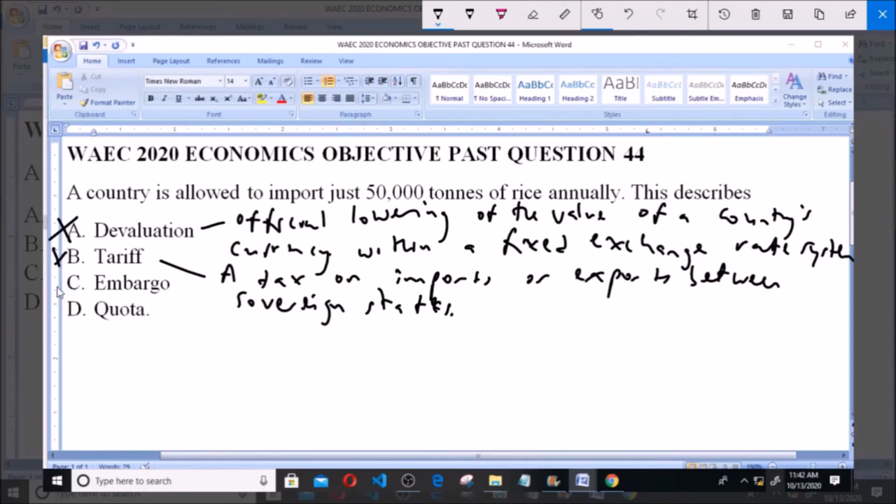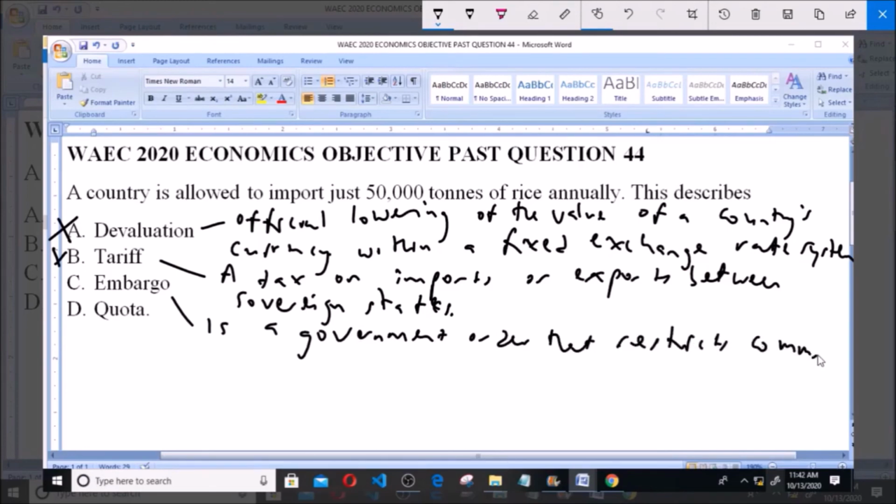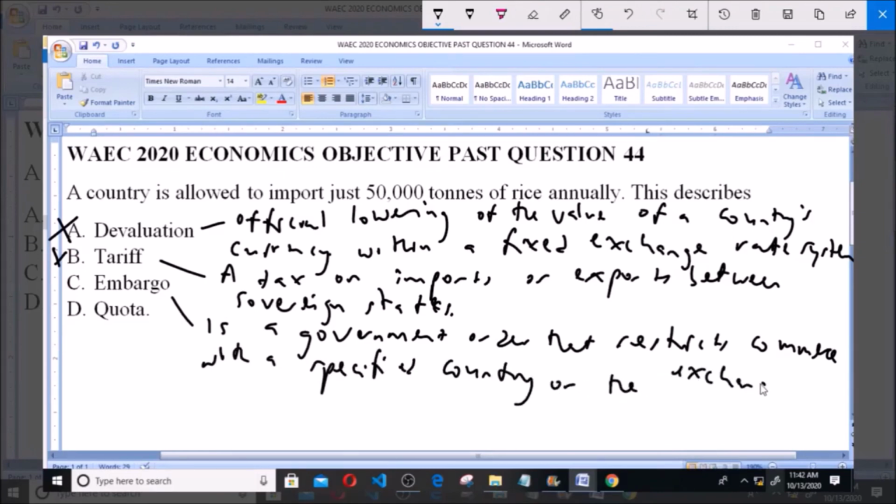Now option C says embargo. An embargo is a government order that restricts commerce with a specified country or the exchange of specific goods.